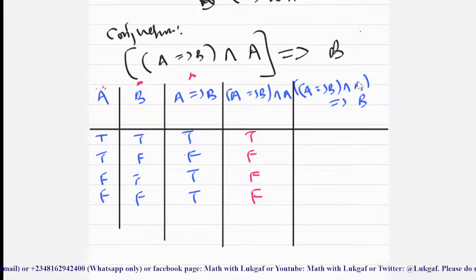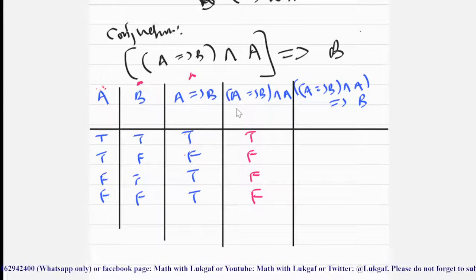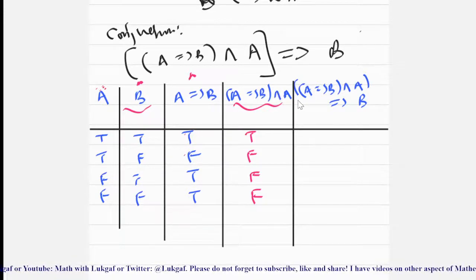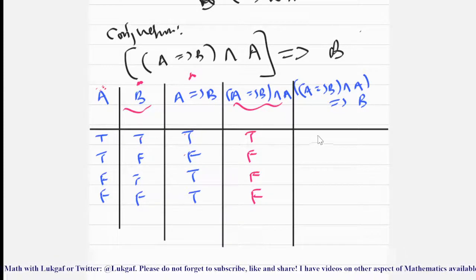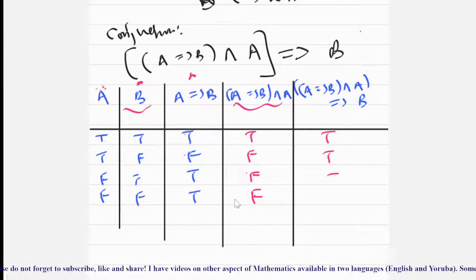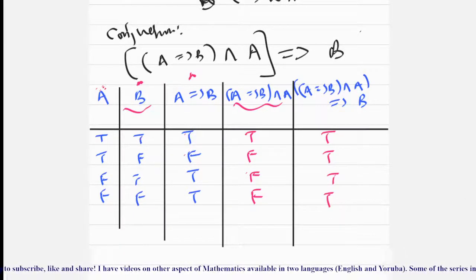I hope you understand now. Then lastly we can now say this and this implies this. Don't forget your implication: the only time it's going to be false is when the first proposition is true and the second is false. Okay. True, true, true, false, false, true, false, true, true, false, false, true. I hope you understand now.